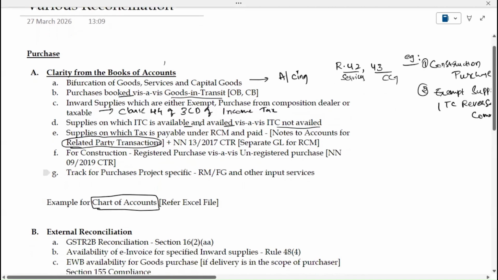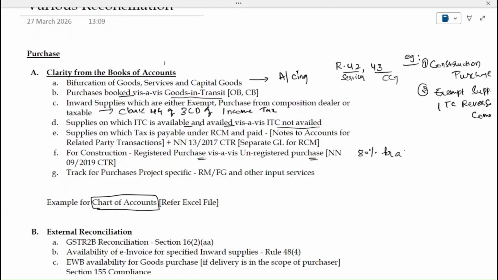Then clause F with respect to construction. For construction, what are my registered dealer purchases? What are my unregistered dealer purchases? There is Notification 9 of 2019, where if my purchases from registered dealers fall short of 80% for a particular financial year, in the case of a construction business, I need to maintain project-specific records.